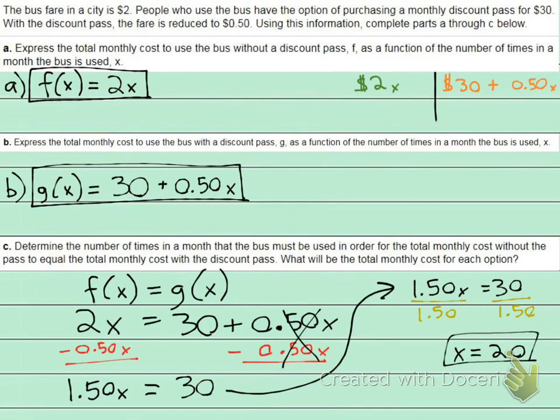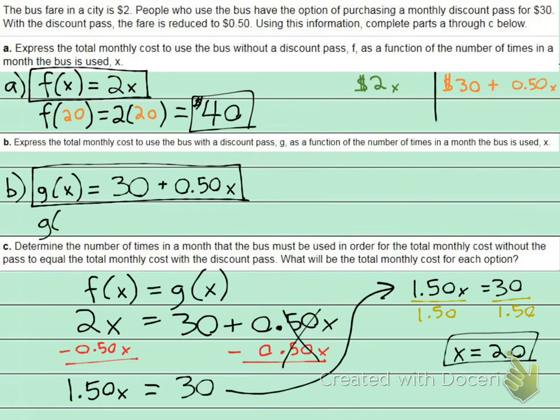If I want to find the f of 20, that's going to be 2 times x, which is 20. 2 times 20 is 40, and that's your answer, $40. You don't need to plug it in down here because you know you're going to get 40, but I'm going to do it anyway, just to show you.